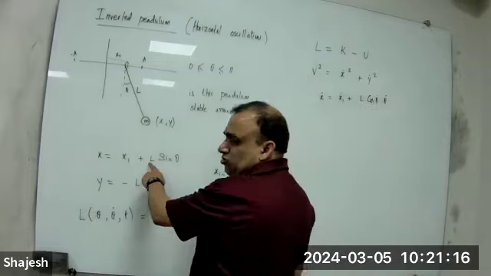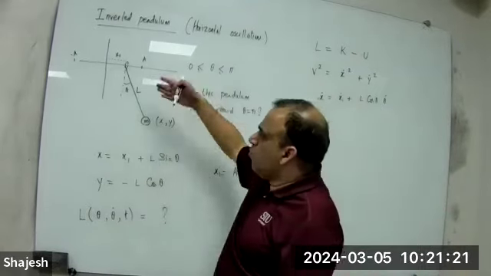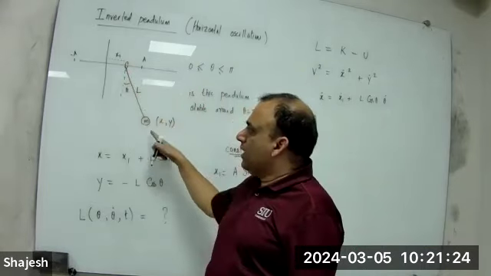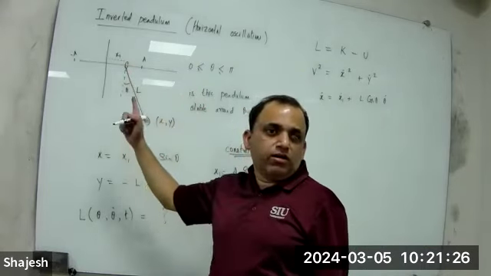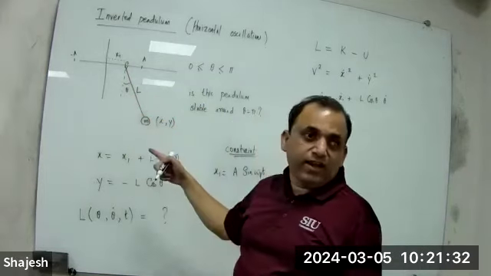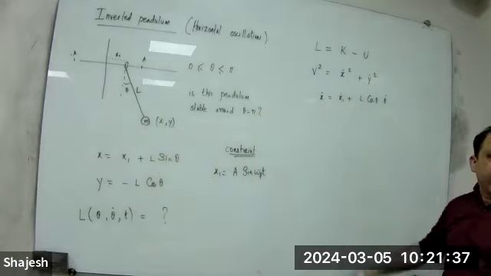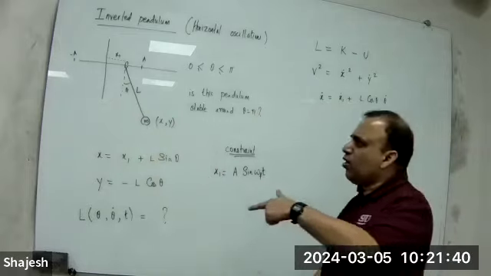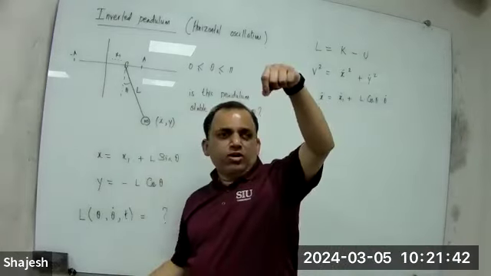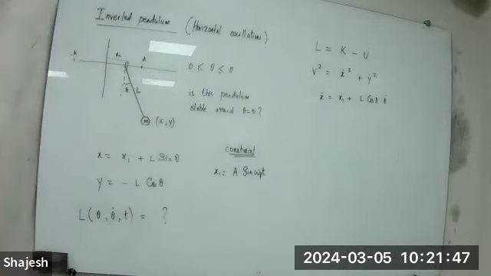By any chance, if L was not fixed, L could oscillate. So if it was an elastic string, or let us say this is a rod and the mass is allowed to move on that rod, those are problems that are typically done in Lagrangian mechanics. Then you will change the L also. Those are all possibilities, but currently L is fixed. This is a standard problem in Lagrangian mechanics, something that I can ask in an exam. For example, there is a rod here, oscillating and forming a cone.